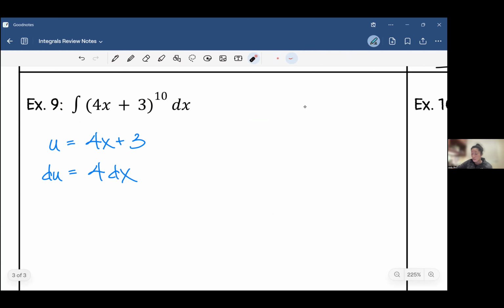You don't technically see the derivative, but since this is 4 times dx, I can do like I did in that previous problem, divide that 4 over to the other side, and now I've matched that dx perfectly. I get 1/4 du equals dx, and that means that everywhere I see a dx, I can replace it with 1/4 du, and everywhere I see the 4x plus 3, I can replace that with a u.